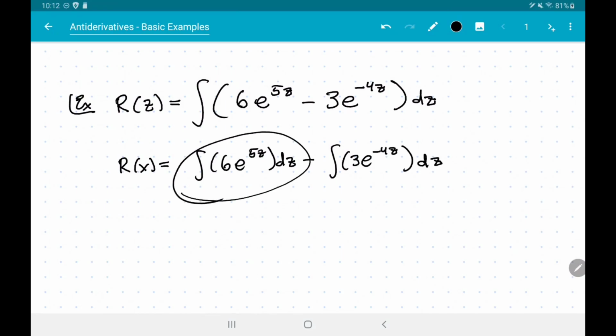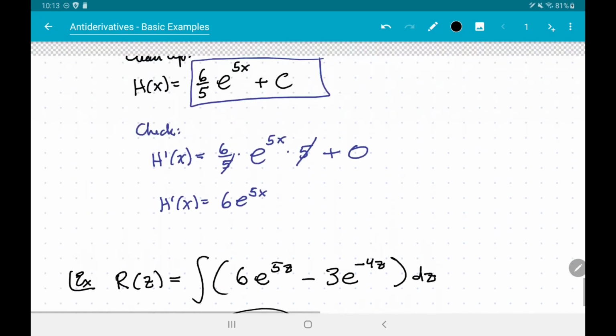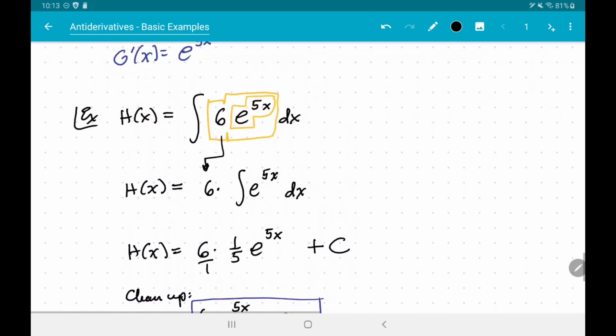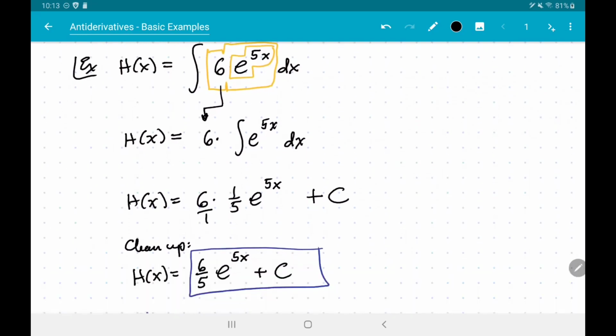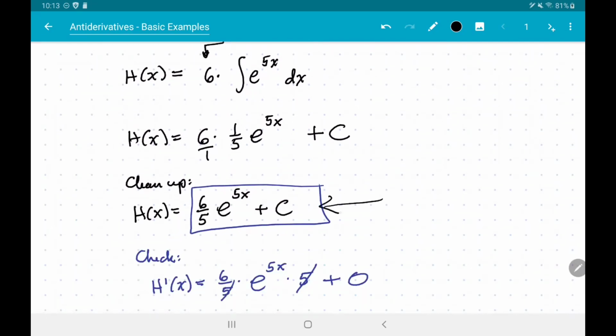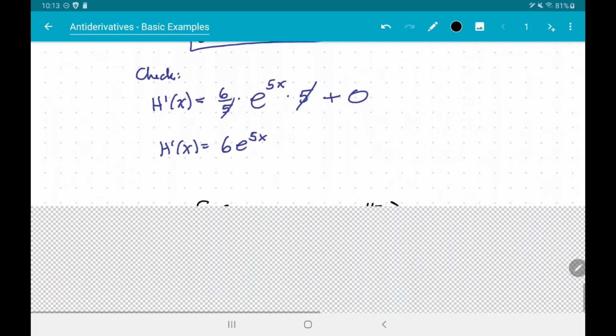The antiderivative of the left, other than being z instead of x, is exactly the same function that we were dealing with in this previous example. So the antiderivative should be simply a matter of looking at this and writing z instead of x.